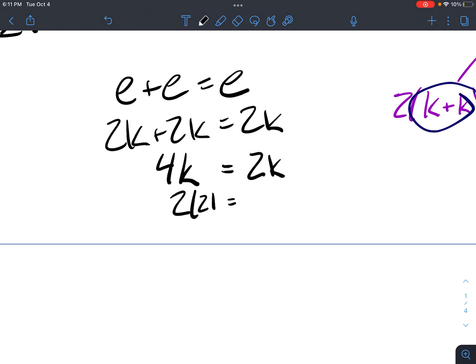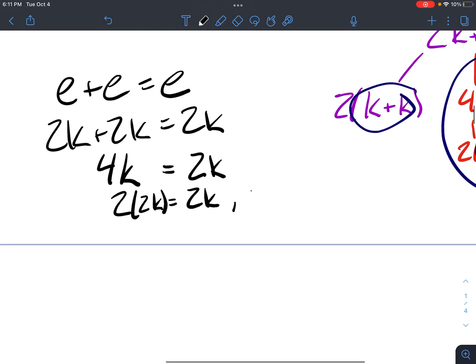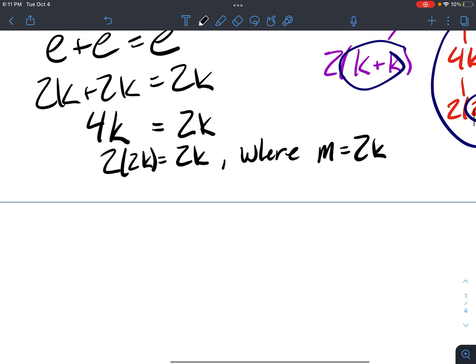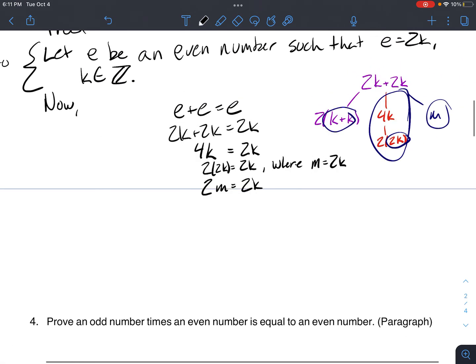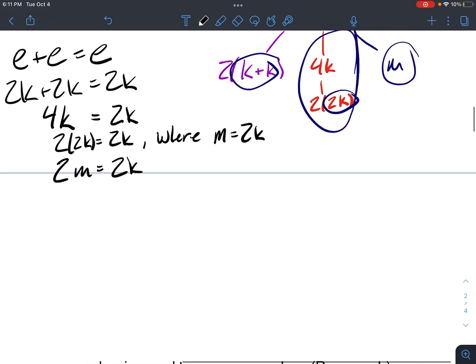So this is gonna be 2K, where m is equal to 2K. So then we have 2m equals 2K. Now we can define what m is.